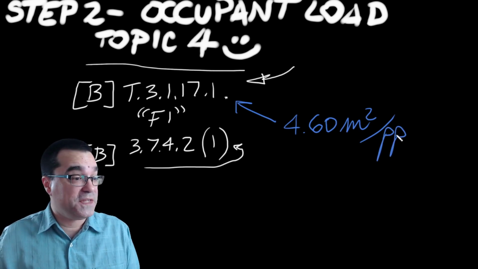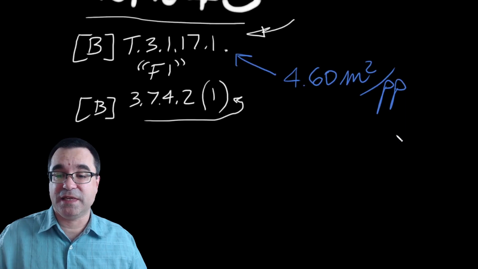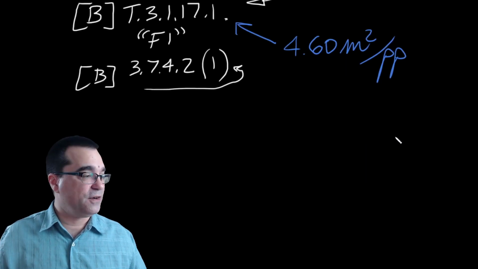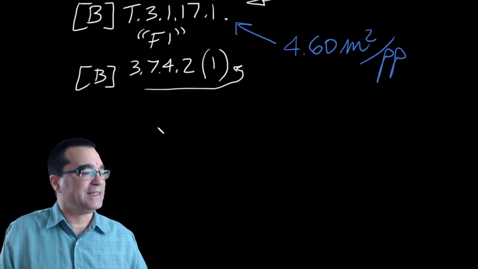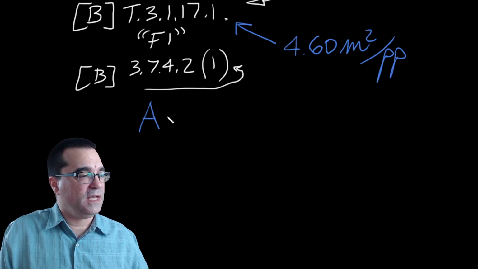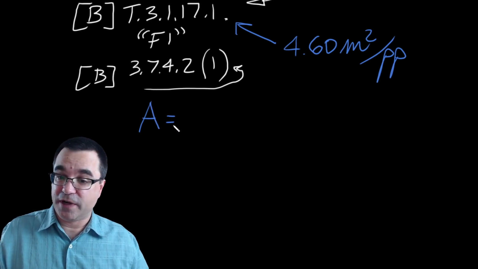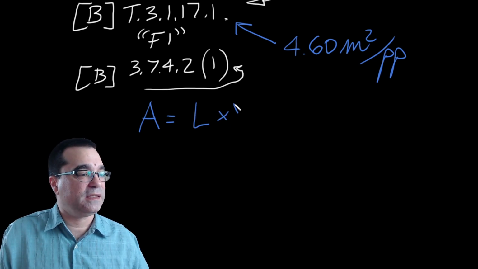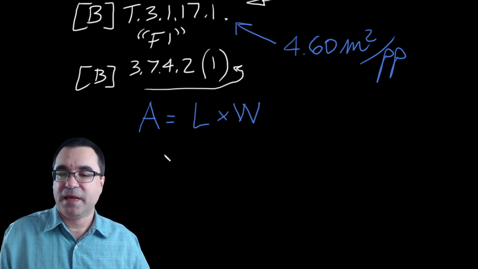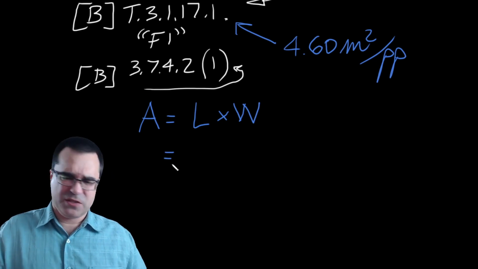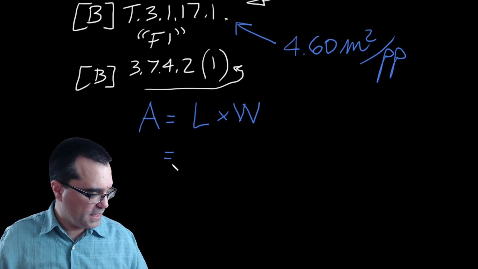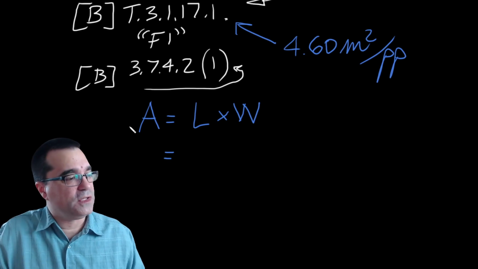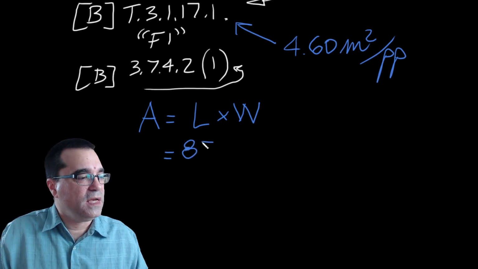Okay, the other thing that we need at this point is the area of this space, right? So we're going to need the area and the occupant load factor to find the number of people, the occupant load. The area in our case is length times width. And if you remember, based on the question that I just made up right now, the length for this is 87.9 meters.